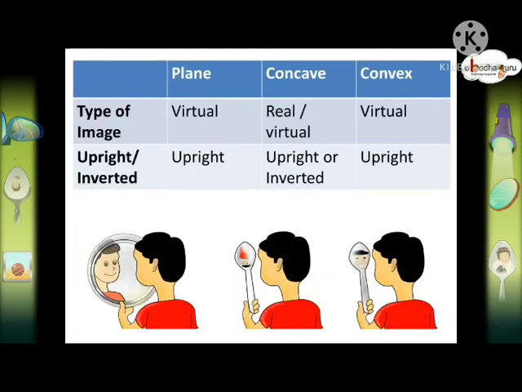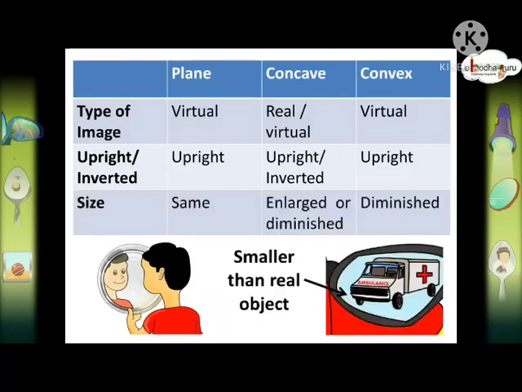Plane and convex mirrors always produce upright images, but you would find an inverted image on the front side of the spoon because it's a concave mirror. A concave mirror can produce an upright image too, but the object has to be very close to the mirror. Now coming to the size of the image formed, the image in the plane mirror has the same size as that of the object.